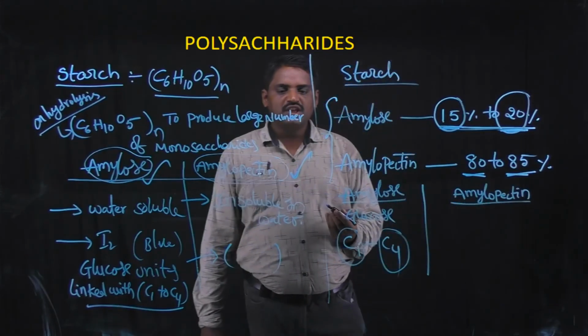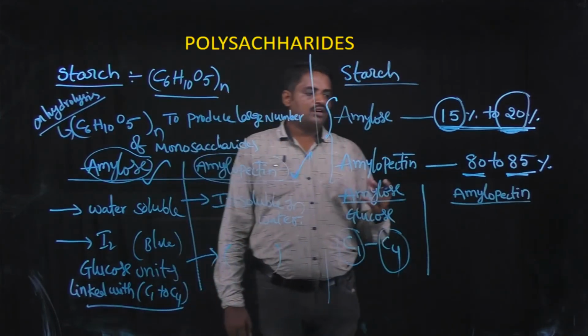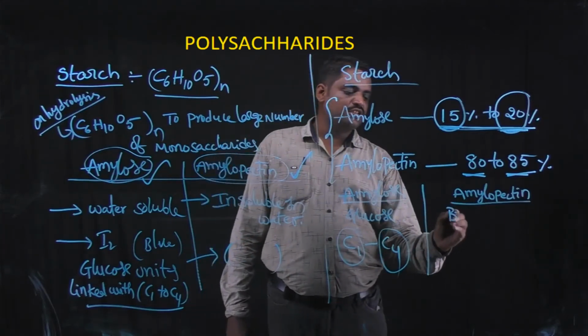Now the structural explanation for amylopectin. The major part of amylopectin contains branched chain structures.